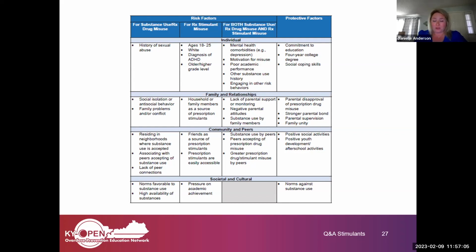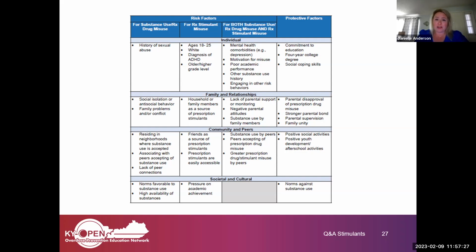There are a lot of providers who are concerned about exactly what Christy mentioned, that these prescriptions are going to be misused, or that people are going to develop a use disorder. But in fact, for those who have ADHD, treatment makes them less likely to develop a substance use disorder.